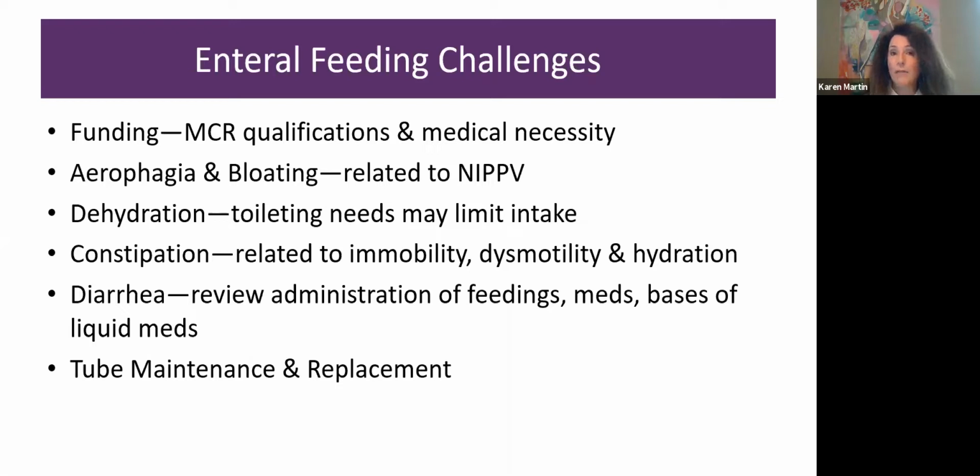If you are having troubles with diarrhea, make sure that just because you have a feeding tube and swallow problems, all the medications have not been switched over to a liquid form, because the base that they put those in is a sugar alcohol base. So if you have very many of those medications that are liquid, then you may have an increase in diarrhea. So we want to talk about that.